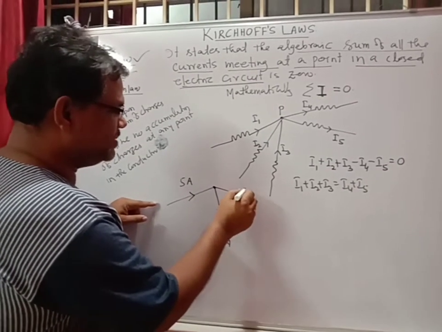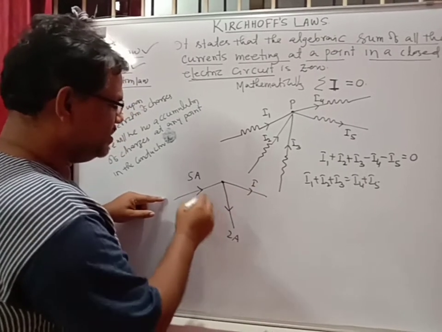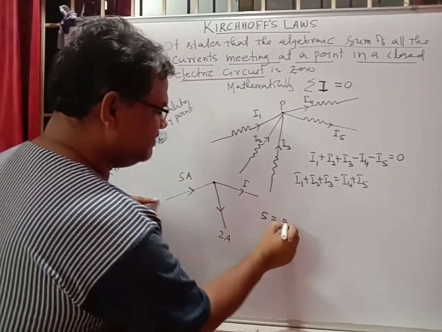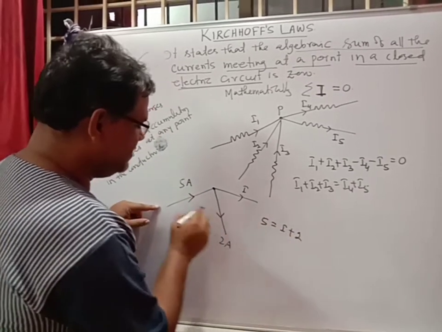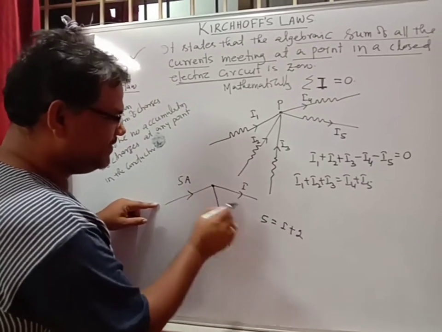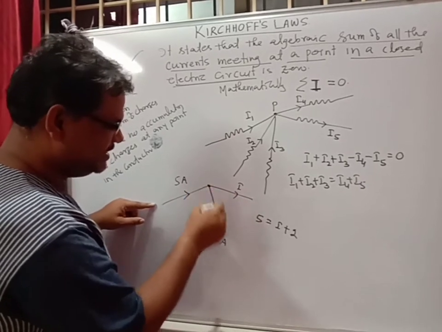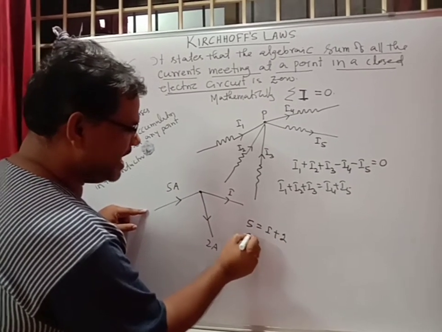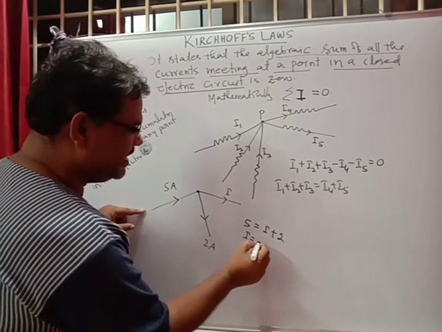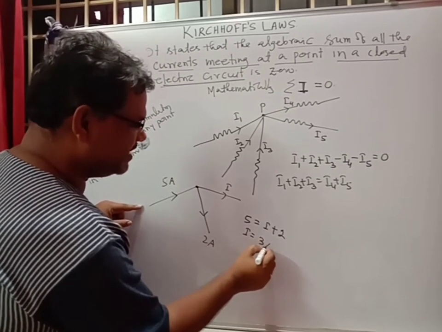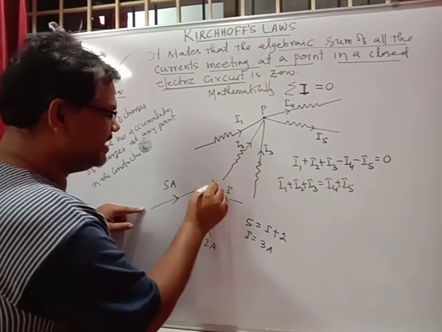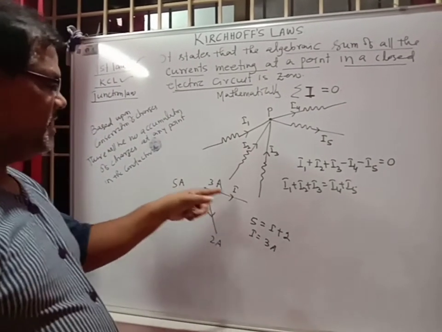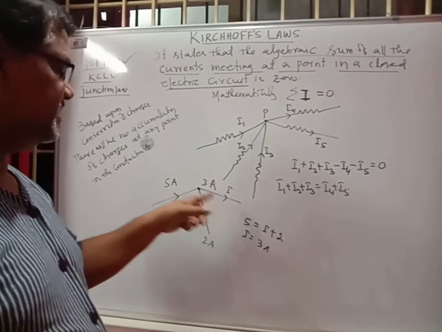Apply the law: 5 ampere is entering the junction, and leaving are I and 2 ampere. So 5 equals I plus 2, or I equals 5 minus 2, which is 3 ampere. So in this direction, 3 ampere current moves.